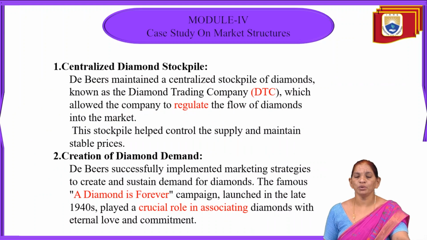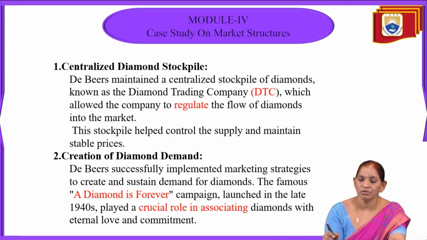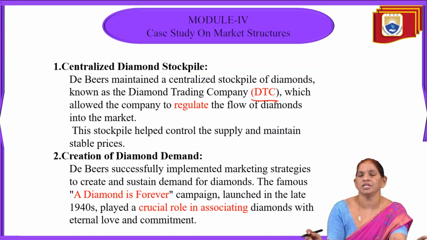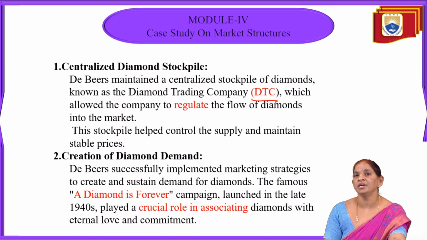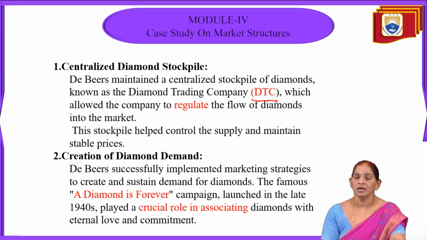And along with that, we know of the centralized diamond stockpiles. De Beers maintained a centralized stockpile of diamonds known as the Diamond Trading Company, DTC, which allowed the company to regulate the flow of diamonds in the market.